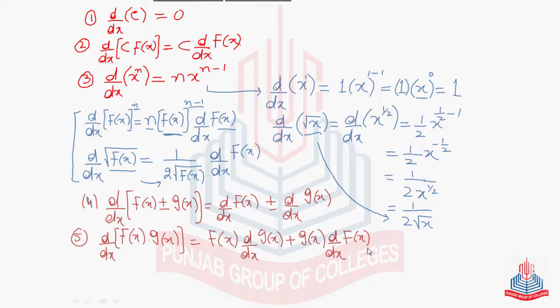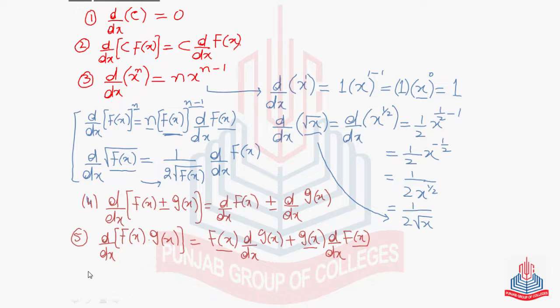So in simple words, you can say the derivative will apply one by one and the other will remain the same. f(x) will remain the same, the derivative will apply on g(x), and then the derivative will apply on f(x) and g(x) will remain the same. This is called the product rule.